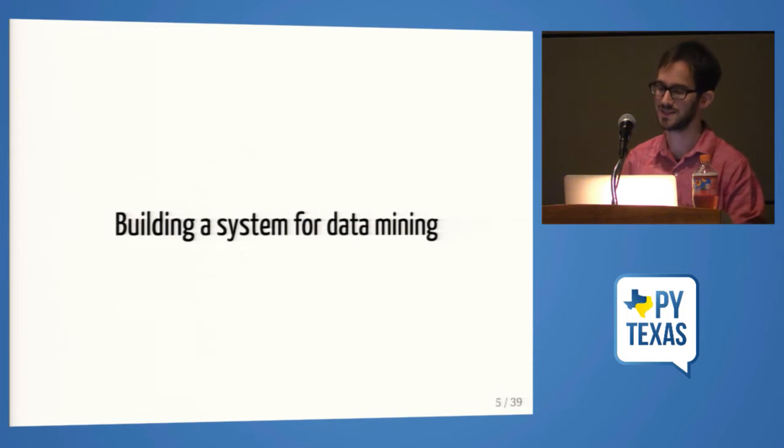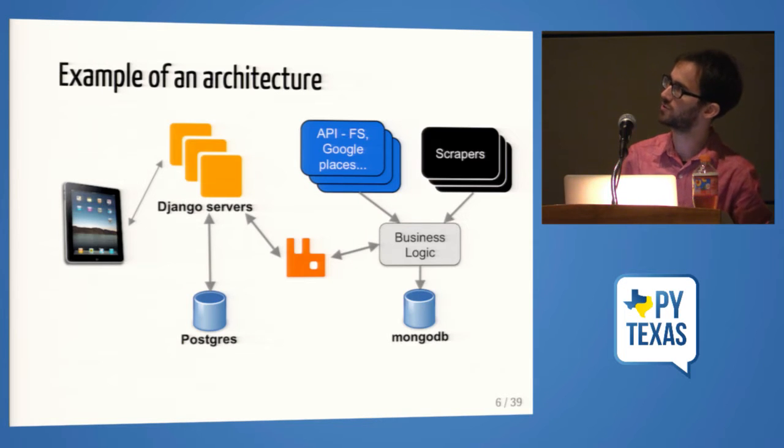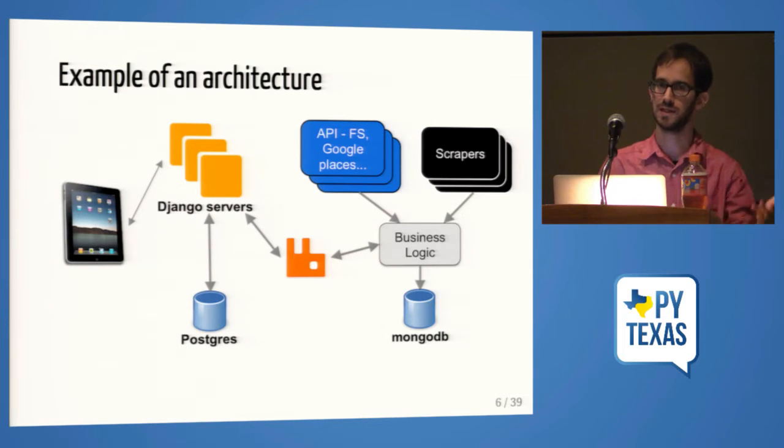So let's build a system for data mining. This is just an example of how you might do it. On one side you have the application server that serves the users, whatever client they're using. On the other side, we have the content system, which is used to collect data, extract whatever we want, clean it, and integrate everything together to give the user back a meaningful entity.